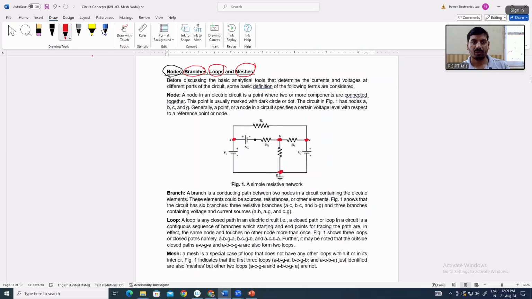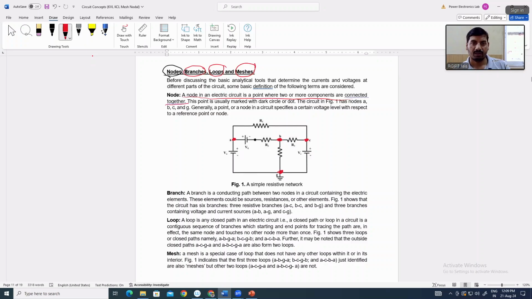What is the definition of node? A node in an electric circuit is a point where two or more components are connected together. So why is point A a node? Because you can see that there are three components connected together with this node.